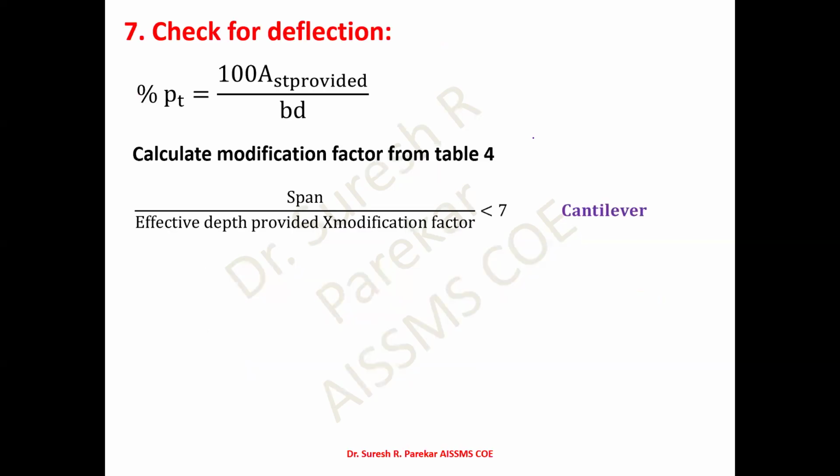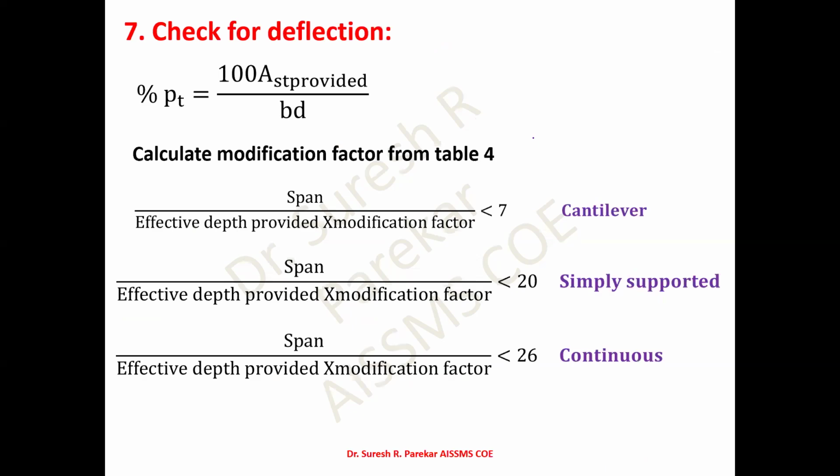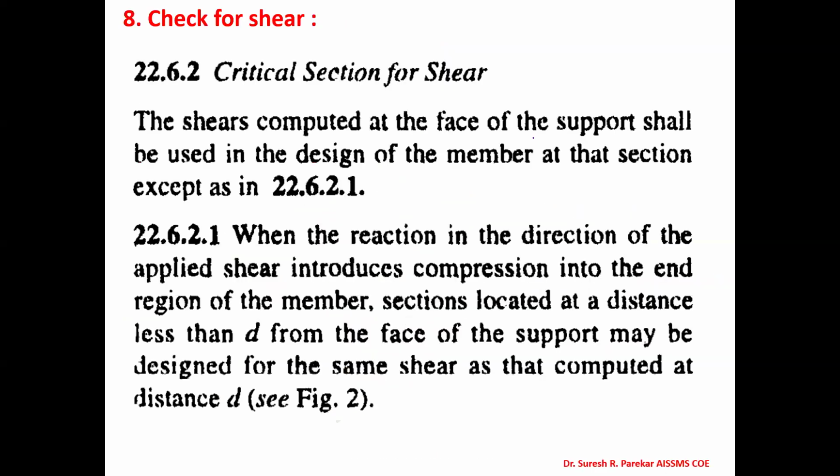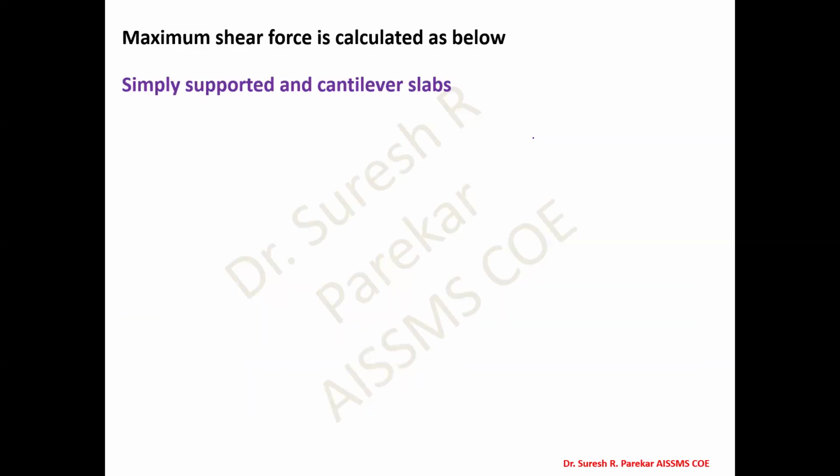Then check for deflection, you know this one, I will not go into detail. Check for deflection, all these criteria. Check for shear also, in the same fashion, which you have already gone through.